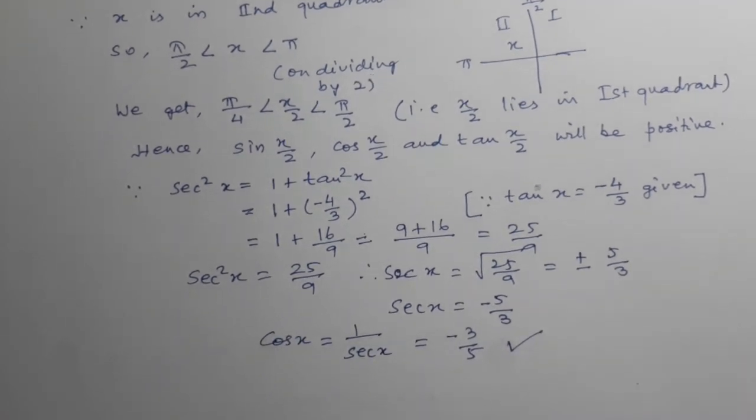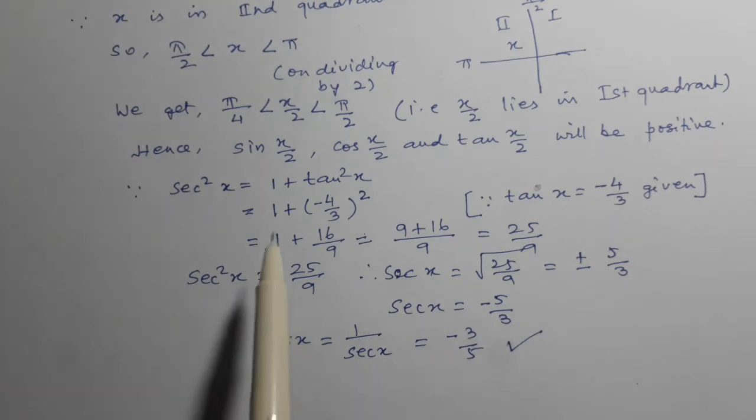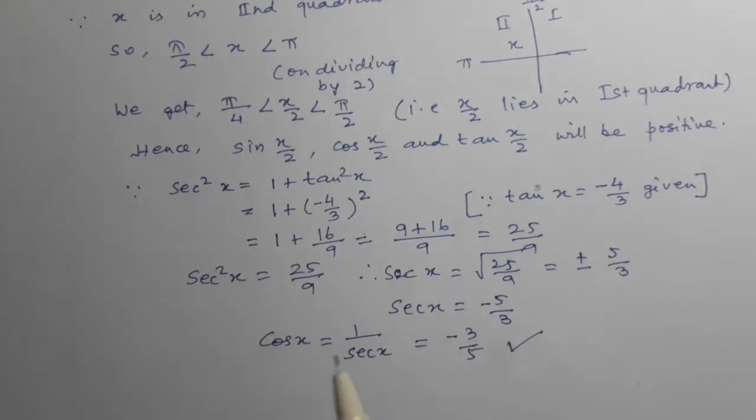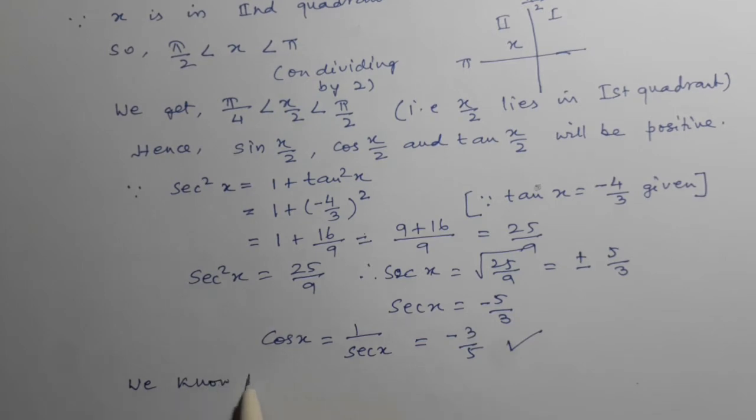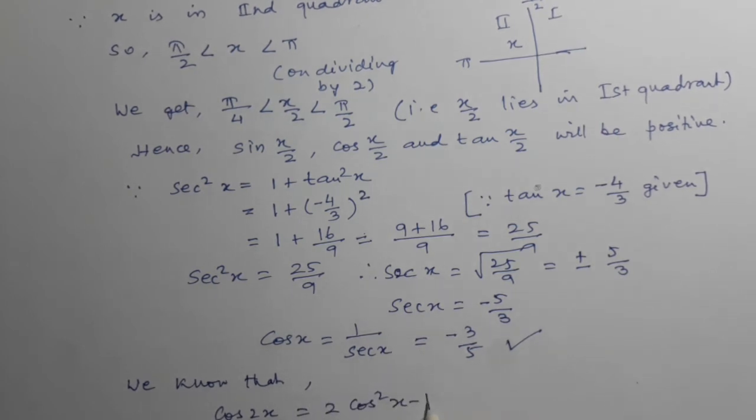Now we have to find the value of cos x by 2. For this we shall use formula cos 2x. We know that cos 2x equal to 2 cos square x minus 1.